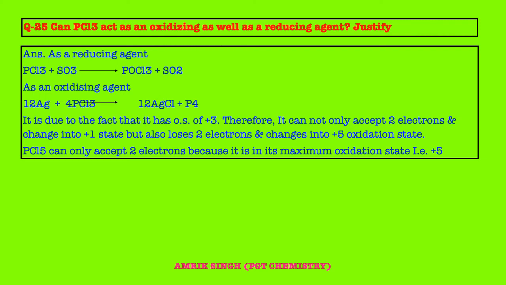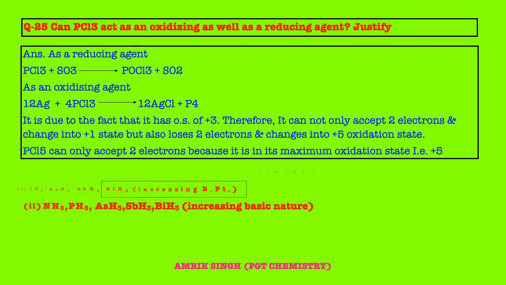Now as an oxidizing agent, 12 Ag plus 4 PCl3 gives 12 AgCl plus P4, it shows its oxidizing behavior. It is due to the fact it has oxidation state of +3. Therefore, it can not only accept 2 electrons and change into +1 state, but also lose 2 electrons and change into +5 oxidation state.